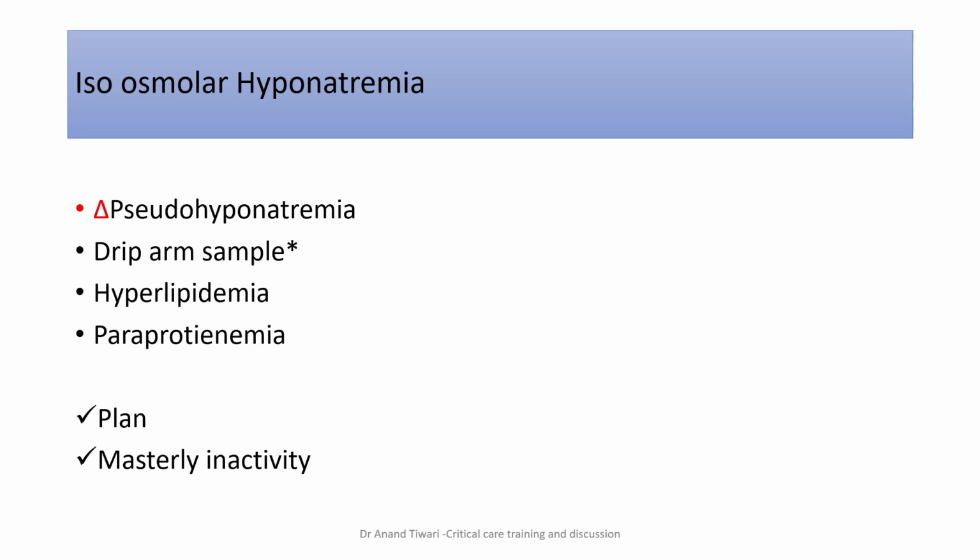In isoosmolar hyponatremia, you have to rule out lab error. Sometimes the drip arm sample was taken from the saline port, and because of dilution you get pseudo hyponatremia, or because of hypertriglyceridemia or hyperparaproteinemia. In such a situation, you have to treat the underlying cause, and 3% saline or other actions may not be required.